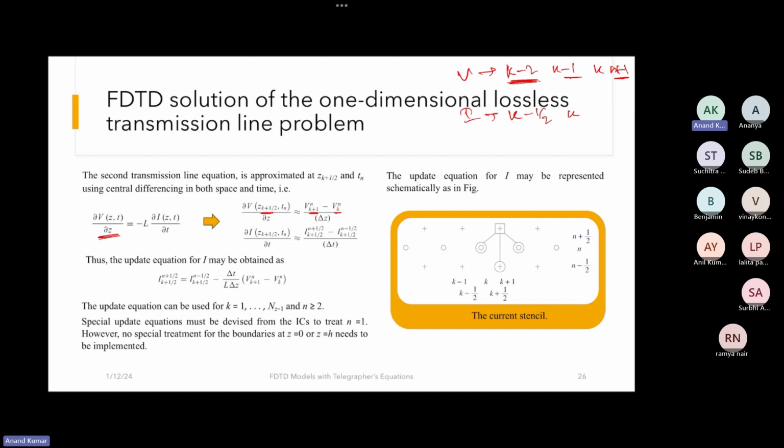k minus half, k plus half, k plus 3 by 2, or k minus 3 by 2. So we usually evaluate the current values at the fractions, and at the complete numbers we evaluate the voltage. We are using k plus 1 and k at the same time instant, because this discretization is in space, so the time remains constant and the voltages of nearby nodes are used.